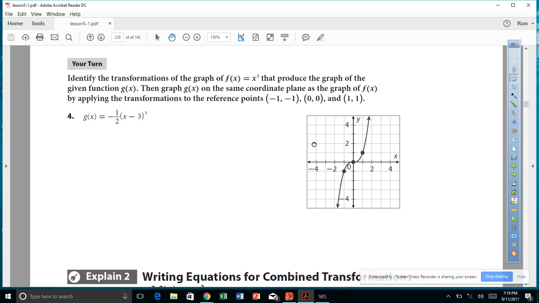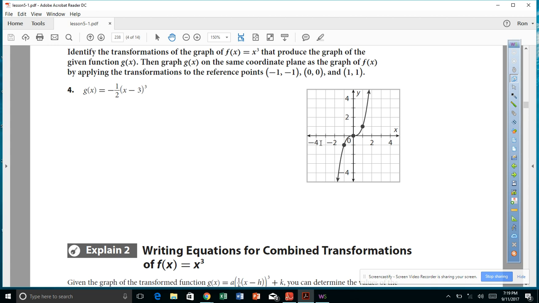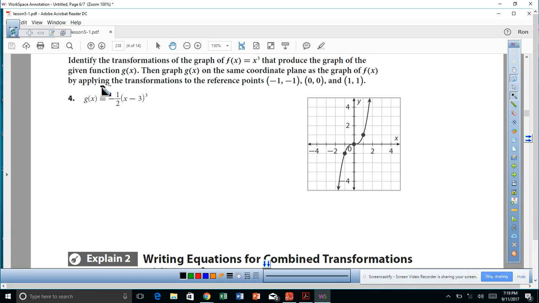Your turn. Identify the transformations of the graph of f of x equals x cubed that produce the given function g of x. Then graph g of x on the same coordinate plane as the graph of f of x by applying the transformations to the reference points -1, -1, 0, 0, and 1, 1. So let's take a look out here. What do we got? What is a? This right here is a, and so we'll call that a equals -1/2.